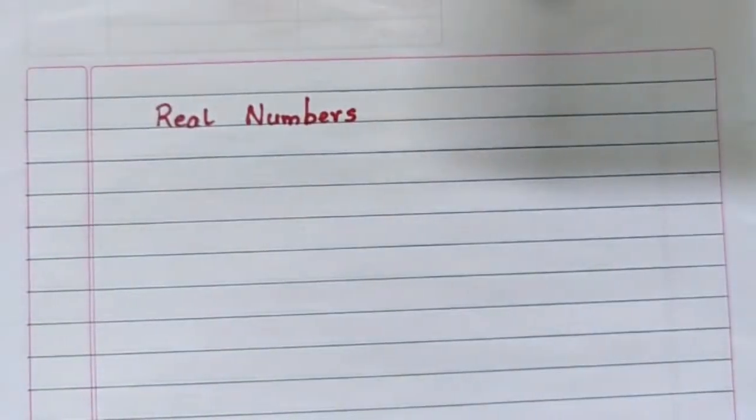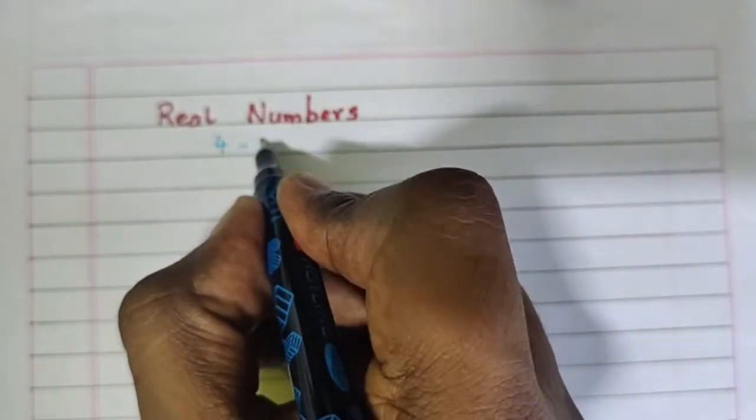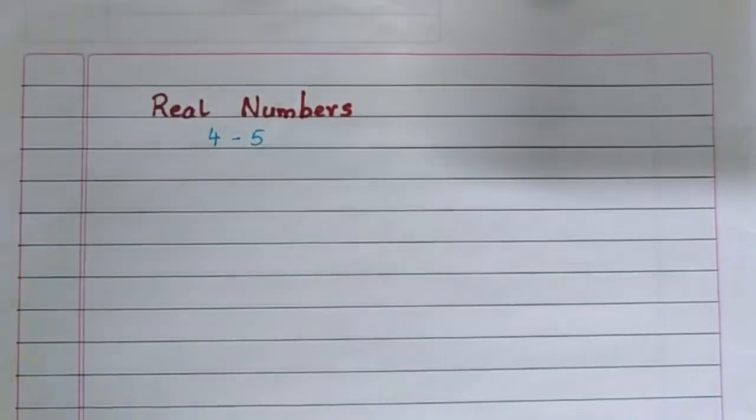From the unit real numbers, how many marks can you expect? You can expect around 4 to 5 marks in the examination.